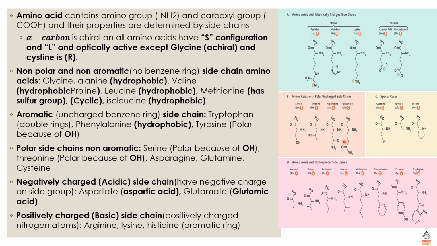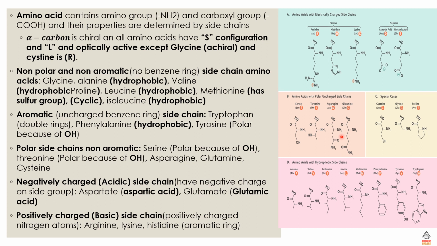You've got serine, asparagine, glutamine, and cysteine. Remember cysteine? Cysteine has an R configuration. It's the unique one, a special case. But here you've also got threonine, so you actually have five. So remember the polar non-aromatic ones are serine, threonine, asparagine, glutamine, and cysteine.